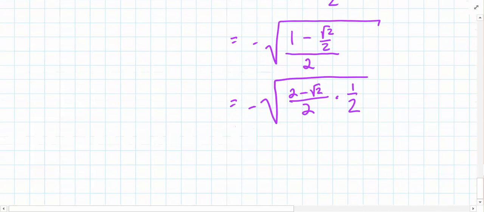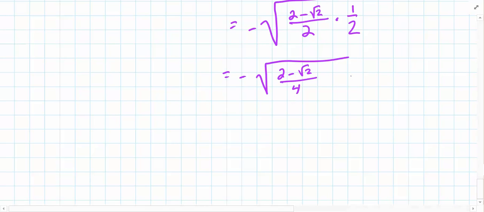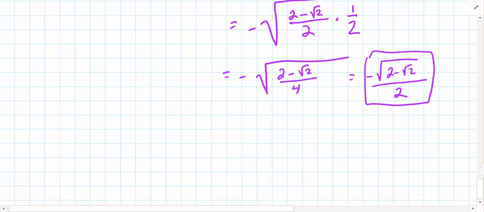So moving up here, I'm going to get the negative square root of 2 minus root 2 over 4. I'm going to finish this off by saying it's the negative square root of 2 minus root 2, all divided by the number 2, because the square root of 4 becomes 2 when I break up my radical. And that is the exact answer for the cosine of 112.5 degrees.